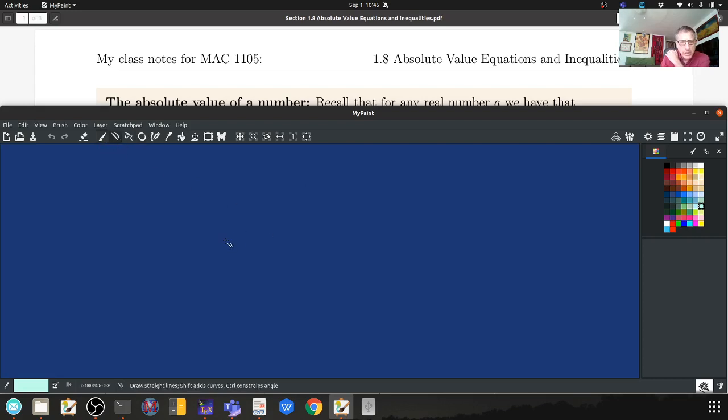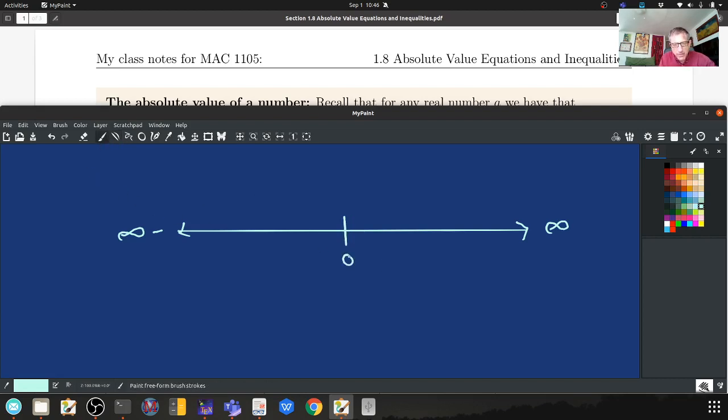So let's just draw the number line. And remember, the number line extends on forever and ever, all the way to infinity and minus infinity. Now these aren't actual points, these are just symbols to indicate it continues on. And we're going to need some demarcation where the 0 is, so I'll literally just put 0 about in the middle.